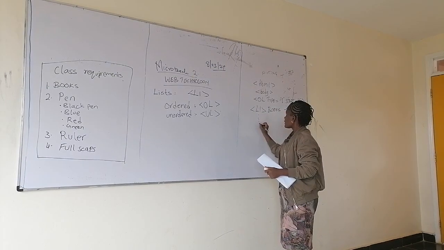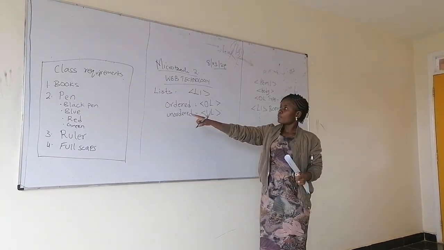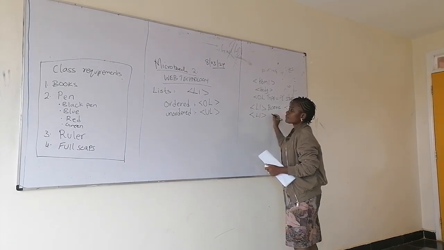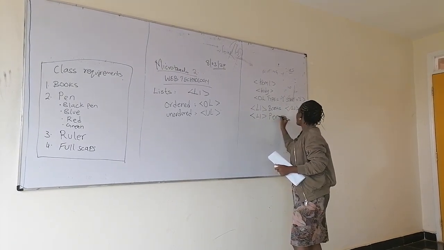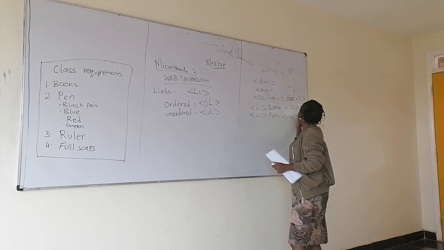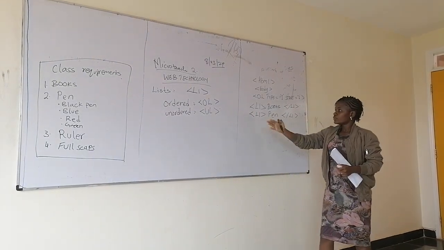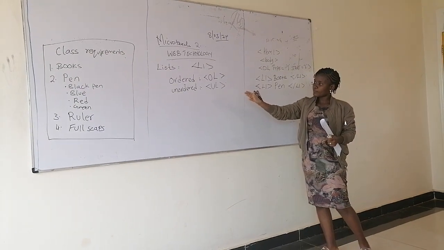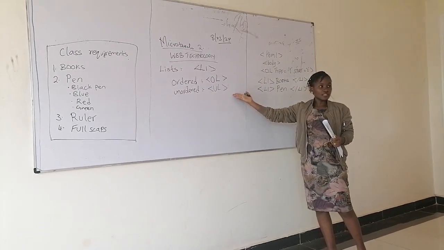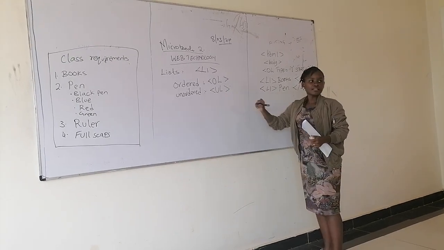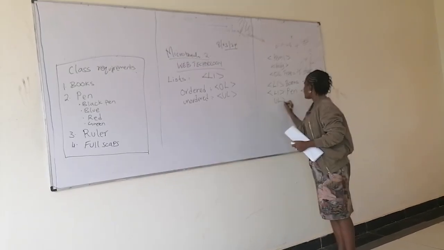You continue like this until you get to the next item. Then when we get there, you see that you have black pen, blue pen, but it is unordered. So we'll introduce this tag, the unordered list.